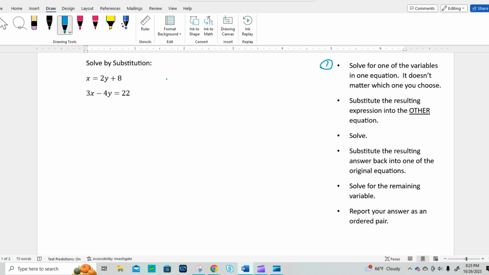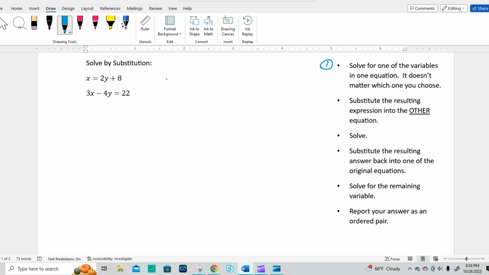So this first step says I've got to get one of those variables alone. The thing is, I've already got a variable alone. That first equation says that x is equal to 2y plus 8. Now, I like to think of this as being a little bit lazy. I want to do as few steps as possible before I actually start solving.